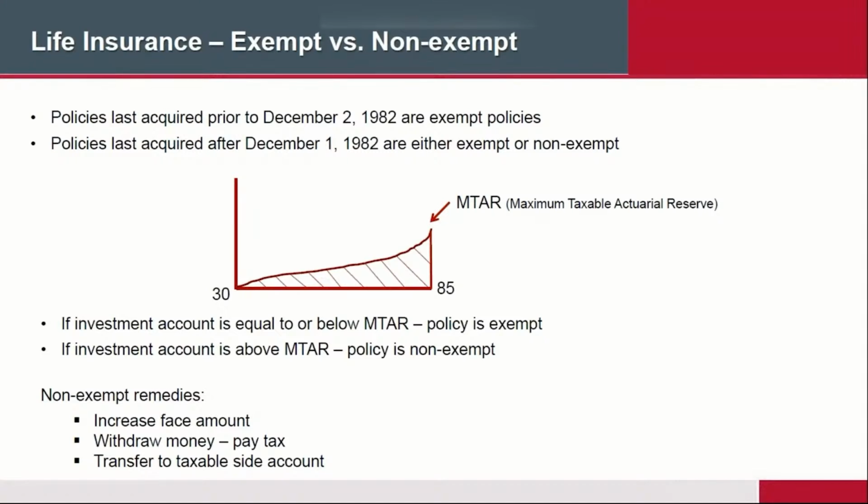Is there some remedy that could be used before Ottawa comes back and says, okay, it's an investment, time to pay your taxes? Yes, there is some remedy, and that's what they're saying at the bottom of that, which is the non-exempt remedies. You can increase the face amount. Insurance companies will be able to increase the face amount by 8% a year without medical evidence.